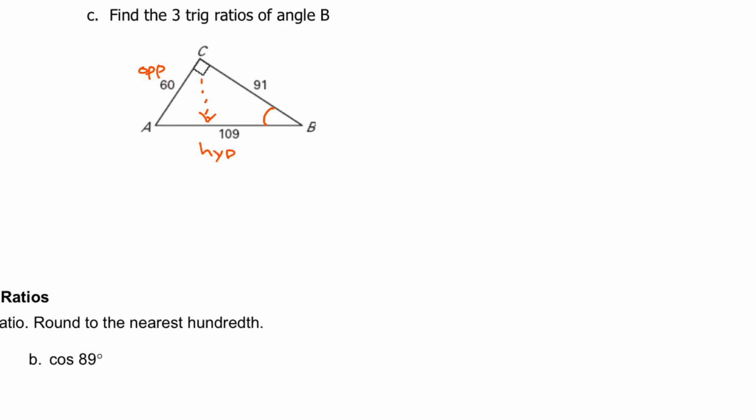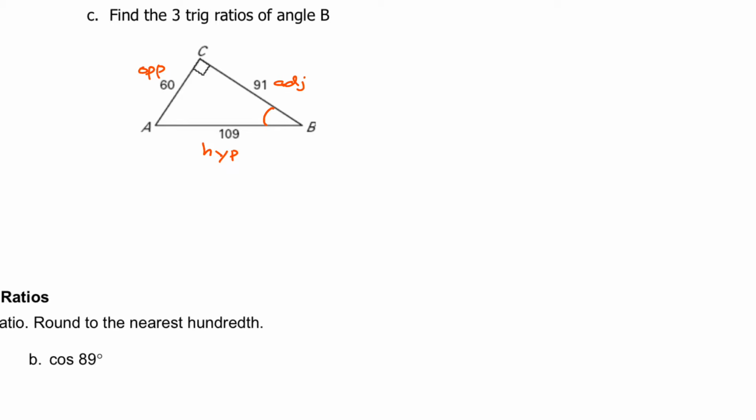And then this other side, the side length of 91, that is going to be the side adjacent to angle B. Again, this is our important first step in any of these right triangle trigonometric problems, is you want to talk about which angle you're looking at. So we're looking at this triangle with respect to angle B, and then you want to label these three sides as opposite, adjacent, and hypotenuse.